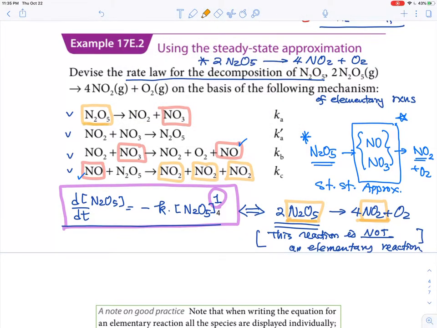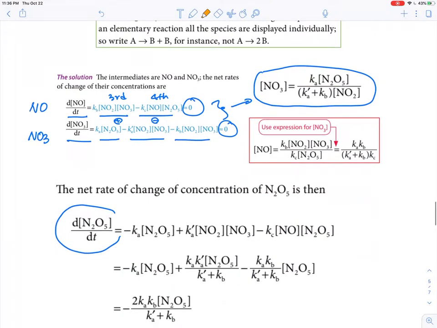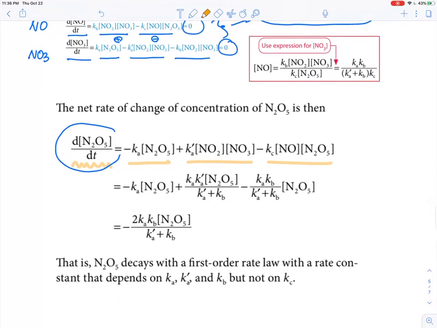Our N2O5 is here. N2O5 is being made. N2O5 is being consumed. So those are the three reactions that involve the production and the consumption of N2O5. That is essentially the net reaction rate. And then finally you lead to the equation that looks like that. Okay.